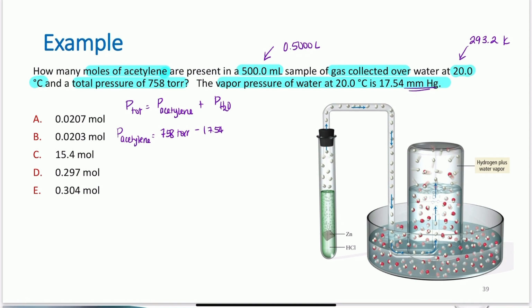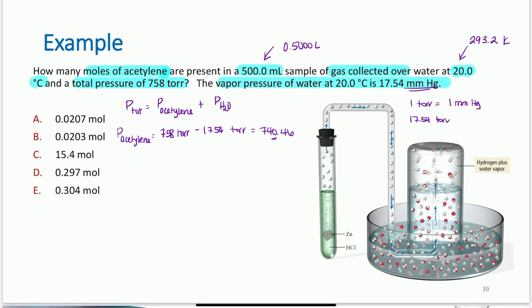This does say millimeters of mercury, but remember 1 torr equals 1 millimeter of mercury. So you can either put this in torr or millimeters of mercury, so 17.54 torr. And let me calculate that out quick. 758 minus 17.54 gives me 740.46.